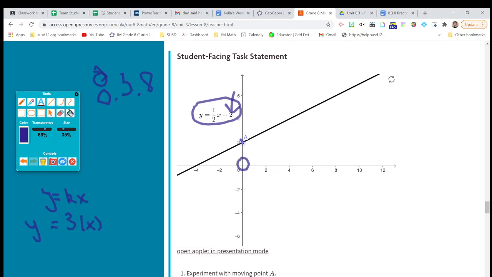In that case, if x equals 1, y equals 3. If x equals 2, y equals 6. If x equals 10, y equals 30. You have a lot of experience by now plugging numbers into this kind of equation and making a table of values and then graphing them.